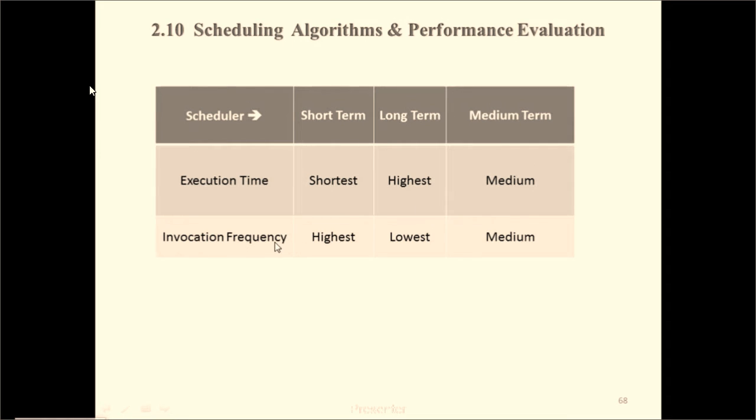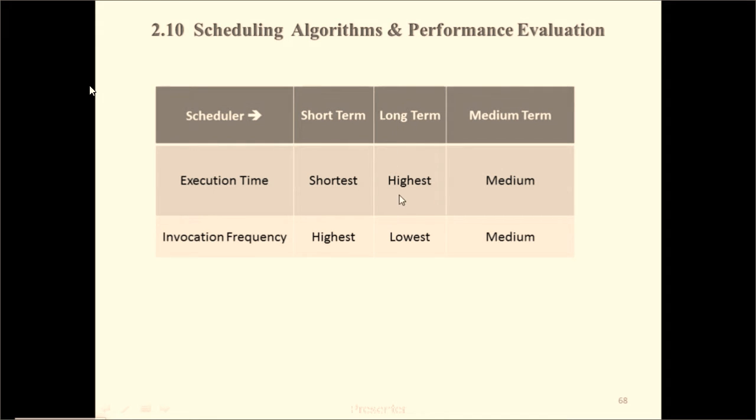How about the frequency? In short term it is highest. So every 10 milliseconds or 20 milliseconds a process needs to be switched from running to ready or any other state. In the case of long term, which is typically applied for batch processing, the process is submitted, the user says that in a day or 2 or 6 hours complete the process, I am not in a hurry, and he submits and goes back.